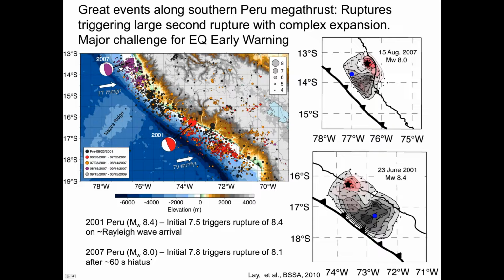But we were interested in it and began to analyze the signals from it, finding that it actually had an unusual story. This is the slip distribution obtained for that earthquake. What we found is that the rupture began with a fairly concentrated rupture near the hypocenter, which was about a magnitude 7.8 earthquake. And then the rupture went into a hiatus. It just stopped, or it spread very slowly without much energy release.